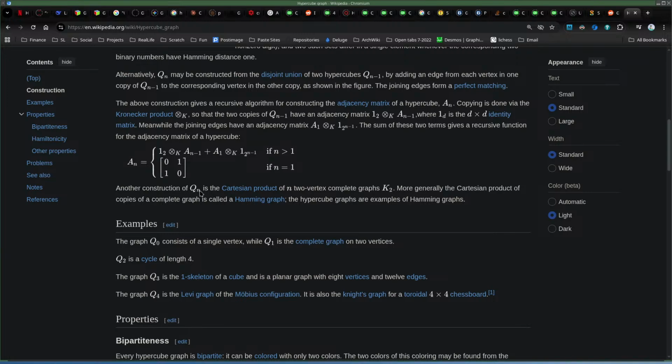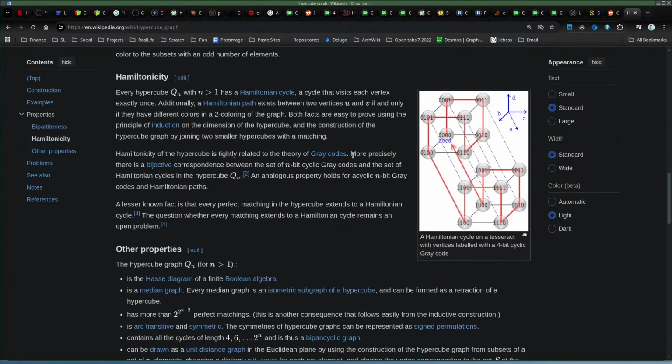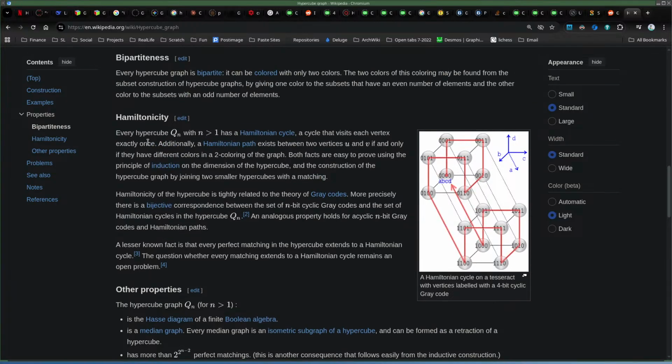Another construction of Qn is the Cartesian product, and more generally the Cartesian product of copies of complete graphs is called a Hamming graph. It's also not what we want. Every hypercube Qn has a Hamiltonian cycle, a cycle that visits each vertex exactly once.